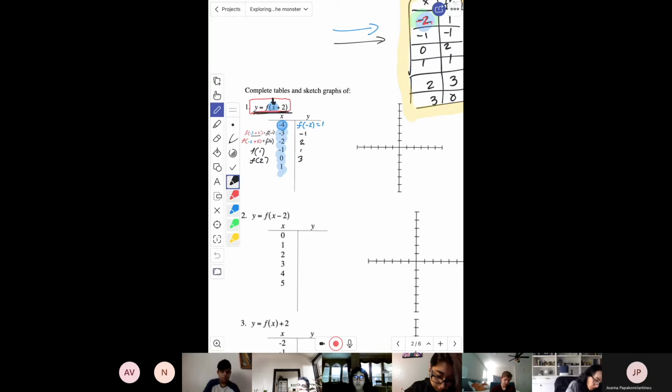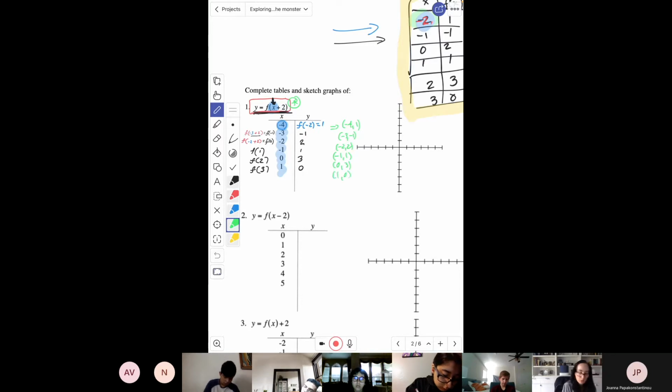Excellent. And for the last one, I'm looking back to my original function for when the input is what? F of 3. Excellent. And the output is? 0. So now, if I rewrite each of these as ordered pairs, my new ordered pairs for this function are -4, 1; -3, -1; -2, 2; -1, 1; 0, 3; 1, 0.